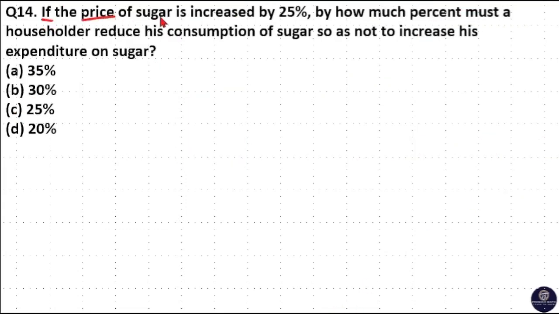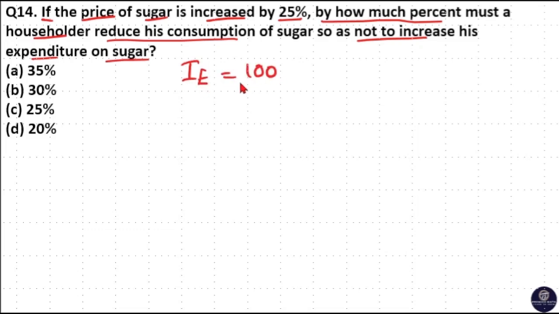If the price of sugar is increased by 25%, by how much percent must a householder reduce his consumption of sugar so as not to increase his expenditure on sugar? Let us consider initial expenditure of sugar as 100 rupees. Now the price is increased by 25% means new expenditure is 100 plus 25, 125 rupees. Now the difference in expenditure is 25 rupees.